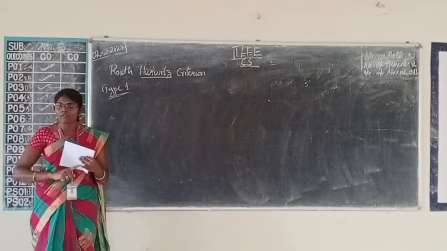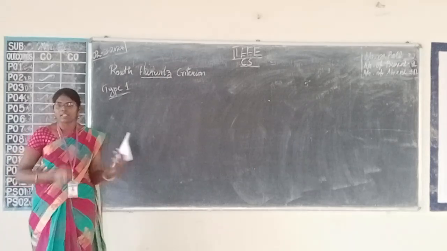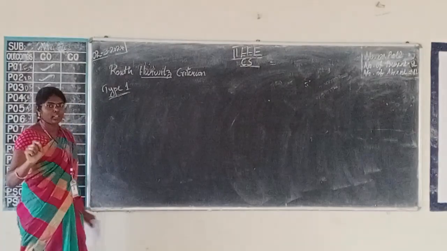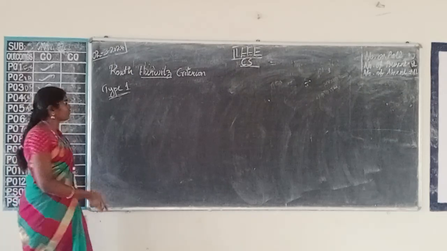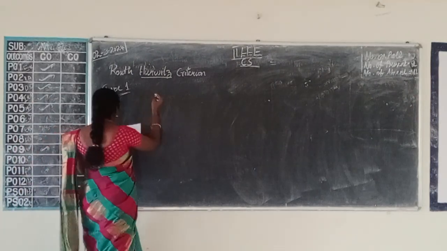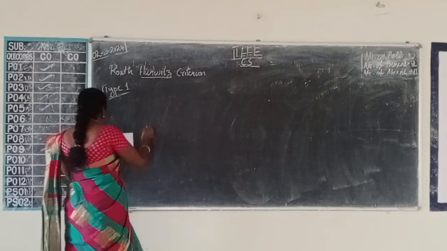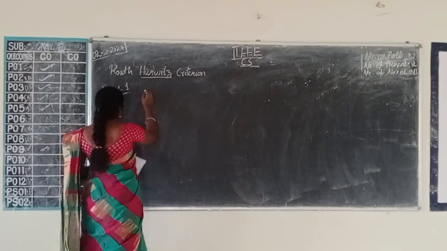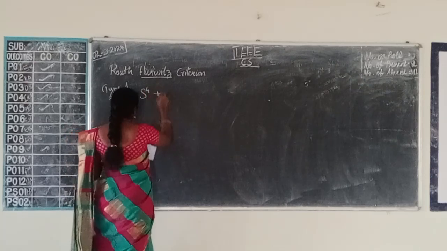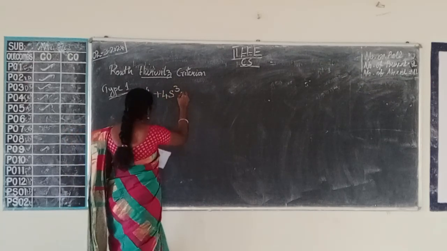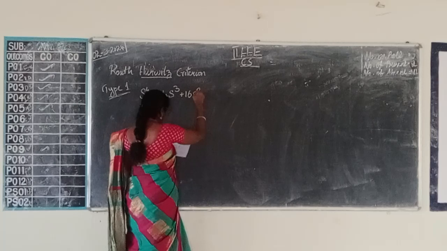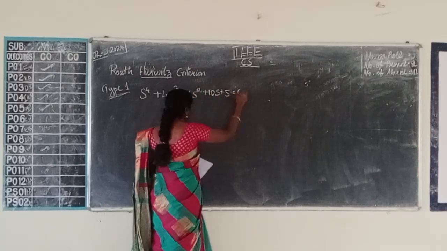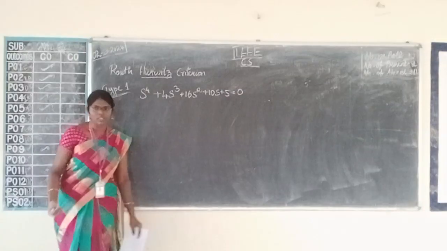And the other method is Routh calculus. The same thing is the first method. Okay. The question will be like this: write it down. The characteristic equation of the system given below.